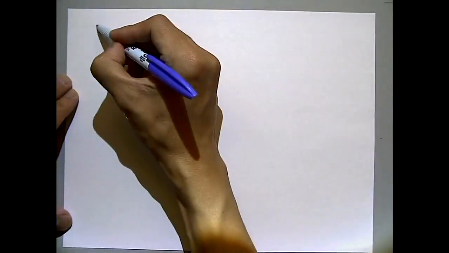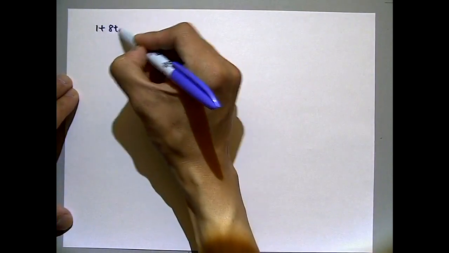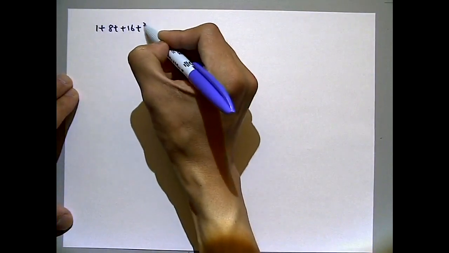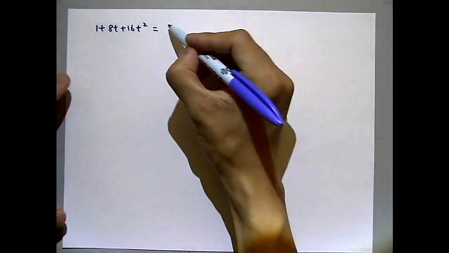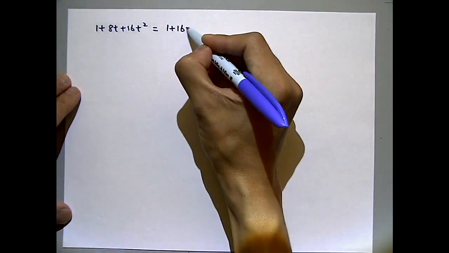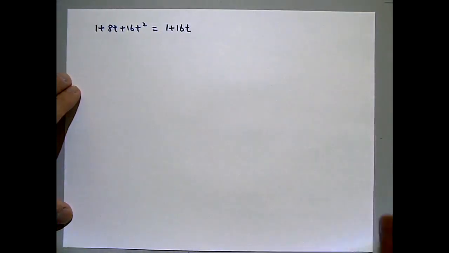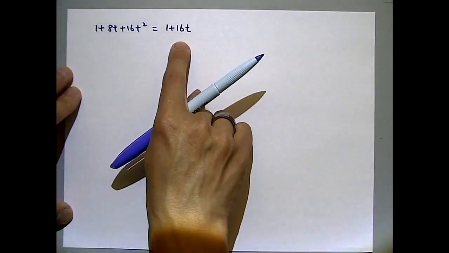Okay, so one thing at a time. Let's solve this equation first. 1 plus 4t, the quantity squared, is 1 plus 8t plus 16t squared. And the right-hand side is 1 plus 16t. And this is a quadratic equation.